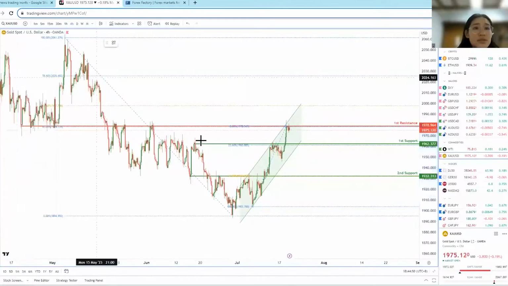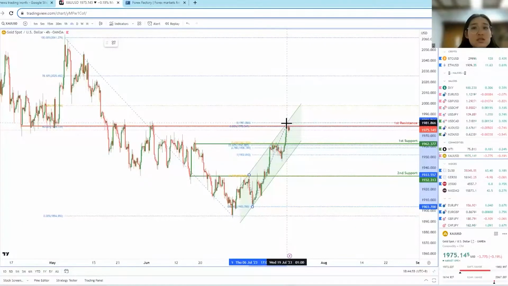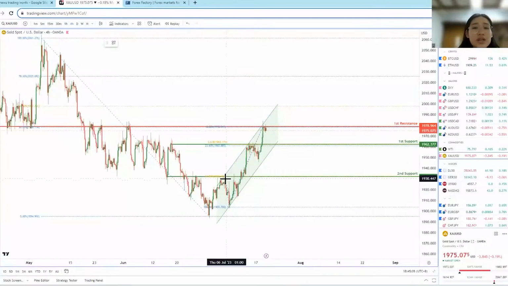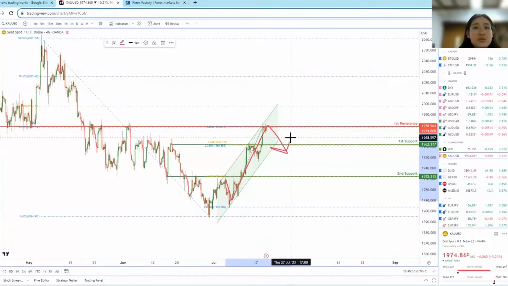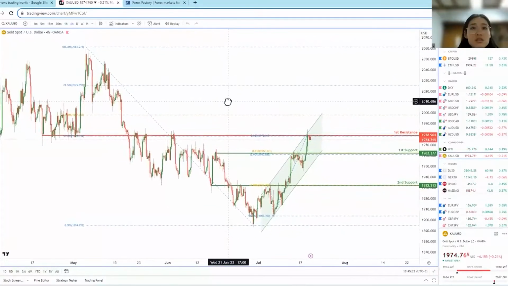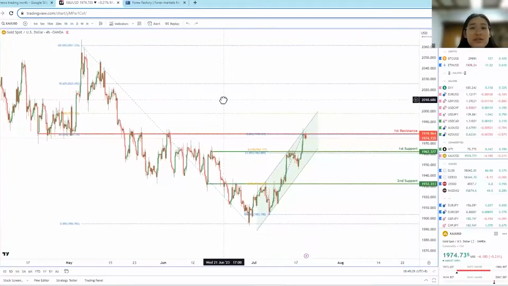Okay, now let's see if we have any projection levels. Okay, my 61.8 lines up nicely. So remember, for a Fibonacci, we want to look for this flash kind of shape. I think that's all the levels that we have.